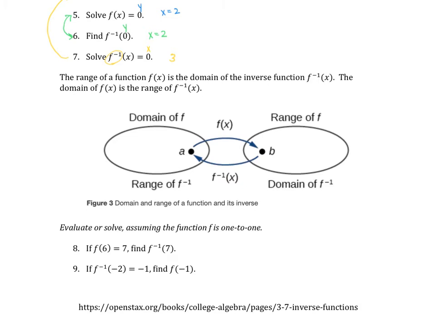So the domain of f is the same set as the range of the inverse. So the domain and range are exactly the same when you're looking at the inverses. The range of your original function is the same as the domain of the inverse function. It's the same exact set.